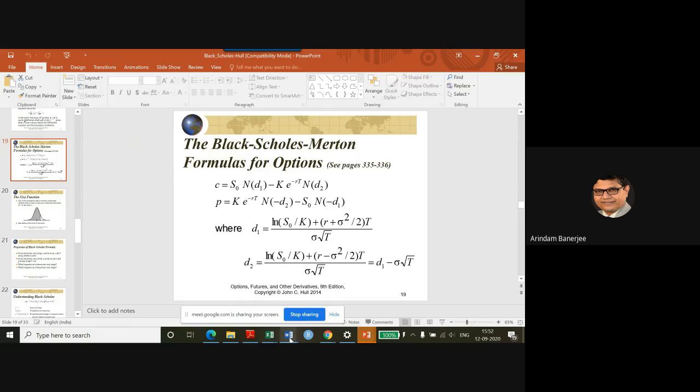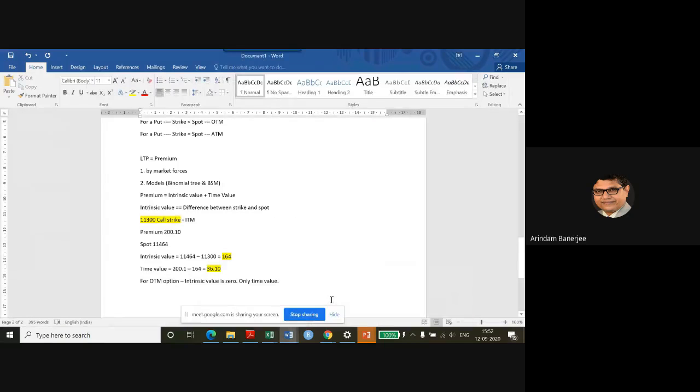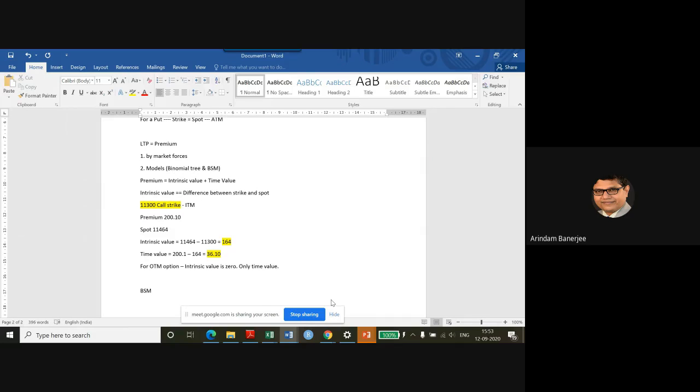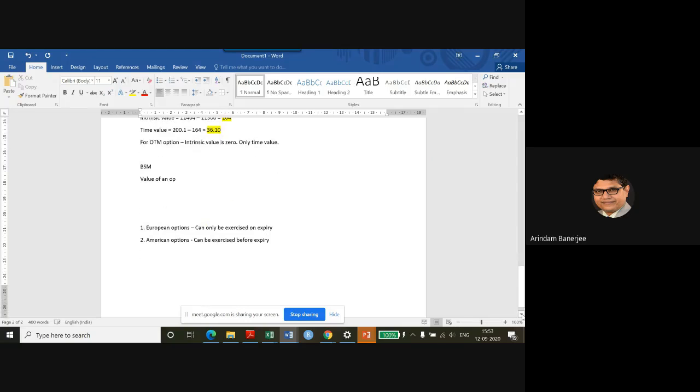So Black and Scholes said that according to BSM, the value of an option depends on which factors? Number 1, spot price of underlying.